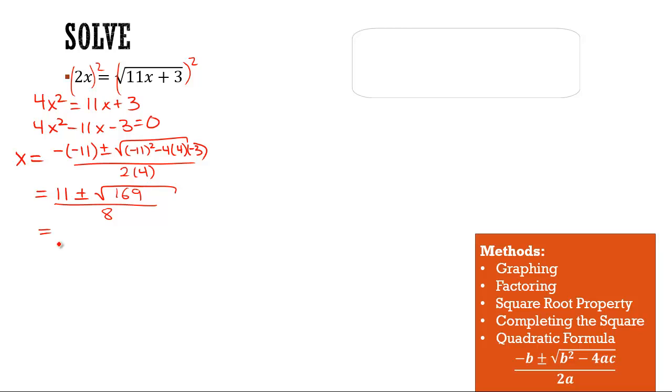That means that our initial polynomial here could have been factored. So this is actually 11 plus or minus 13 over 8. That gives us two answers, either 11 plus 13 over 8, which is 3, or 11 minus 13 over 8, which is negative 1/4.